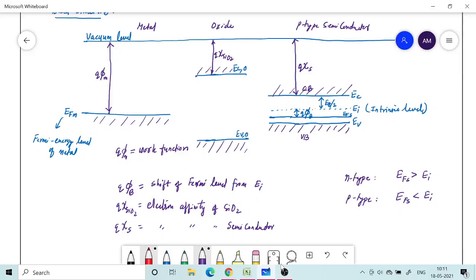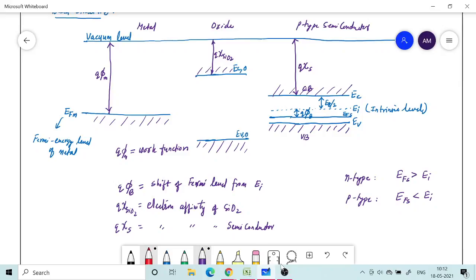EI is the Fermi level for an intrinsic semiconductor. So this phi B is a consequence of doping. If you have not doped the semiconductor, then your Fermi level is going to be at EI. But because of the doping, it gets shifted downward or upward. If you are doping with a p-type impurity, it will shift downward. If you are doping with an n-type impurity, it will shift upward.